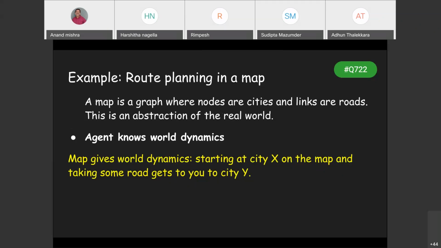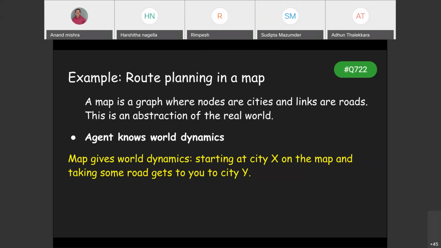So a map is a graph where the nodes are cities and the links are roads. We do not really worry about how bad or good the roads are. At some level of abstraction, we just worry that they are connected.